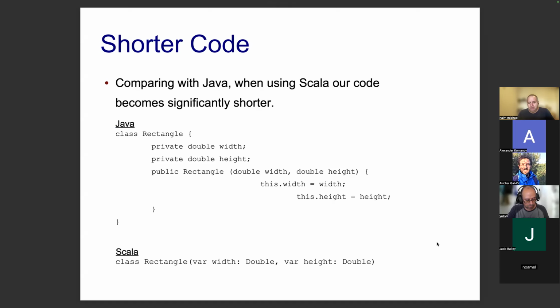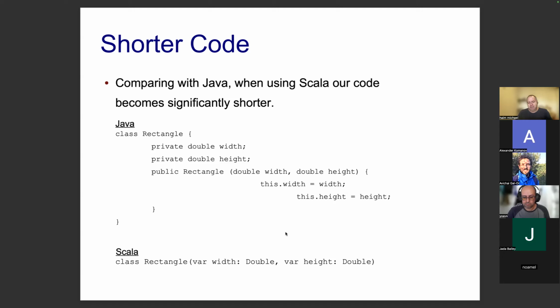Now, something you will notice when coding in Scala: the code becomes significantly smaller and shorter. For instance, look at this code sample, code in Java that defines a class. Its name is Rectangle. In Scala, it will be one line. In Scala, the title of the class, in this case Rectangle, can be combined with the definition of the main constructor, the primary constructor.